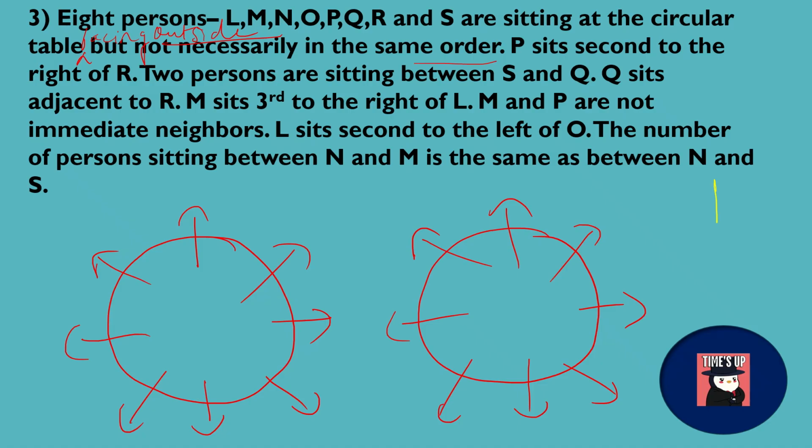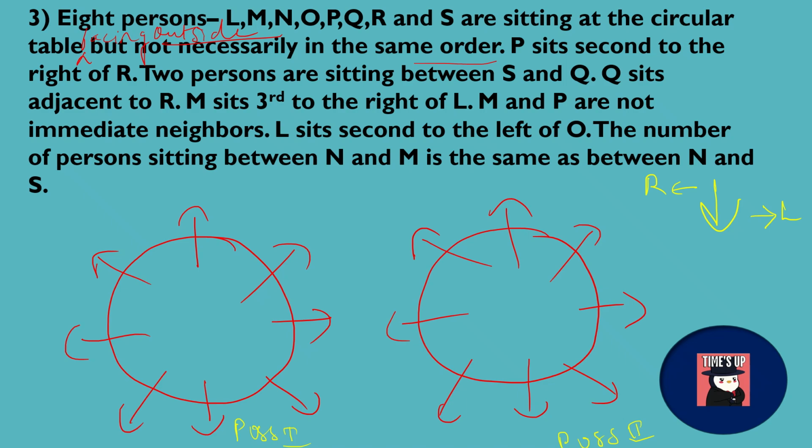Sorry. So away from the table means this side will be what? Left. This side will be right. Everywhere. So this is possibility 1. This is your possibility 2. All are facing outside the circle now.